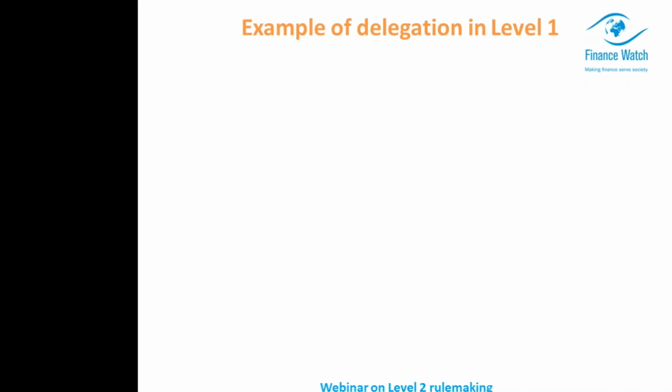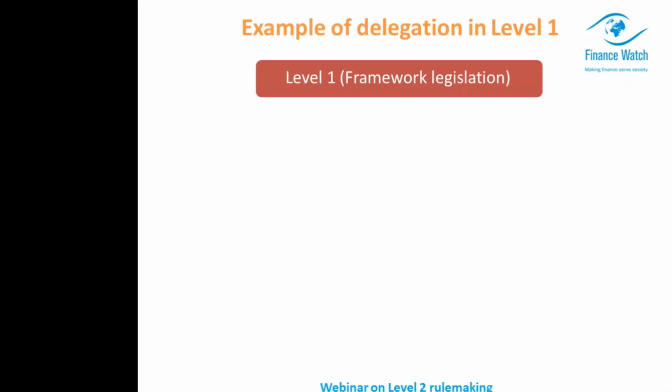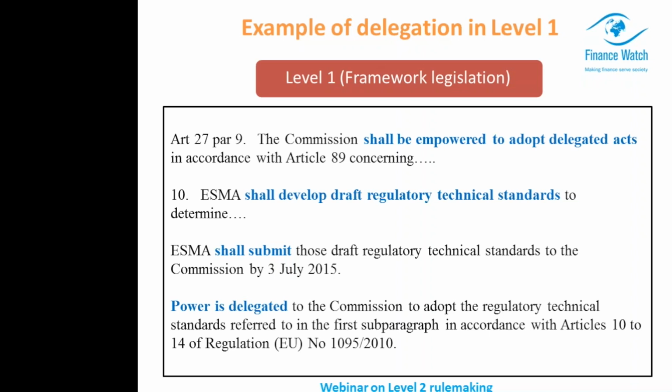We also have the implementing act under Article 291, but it's not used so often, especially in financial services regulation, so I think it's more important to concentrate on those two that are widely used.